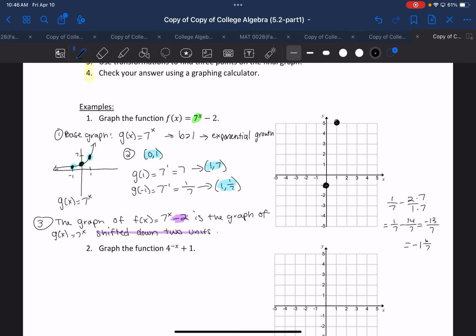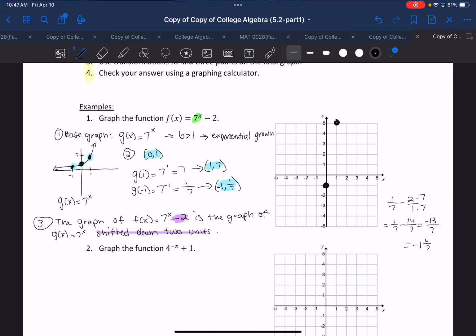But again, you could just type that in your calculator if you don't want to do all that mess. So that point would be, oh, this is supposed to say negative 1 up here, sorry. (-1, -1 6/7), to be about there.